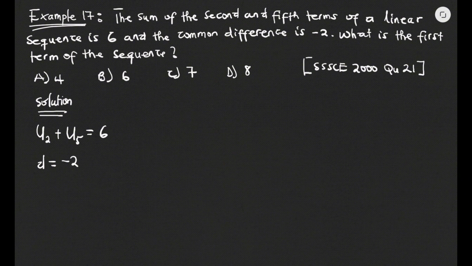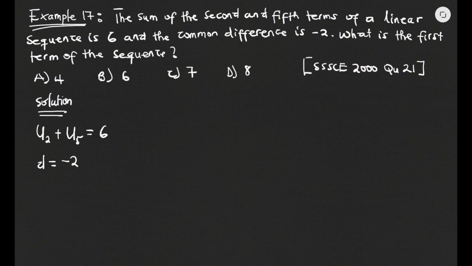All right, so we have to find the first term, which is a, of this particular sequence. From what we've been given, we're told that it's not the sum of the first 5 terms, but the sum of the second and fifth. So it means u2, which is the second term, and then u5, which is the fifth term.